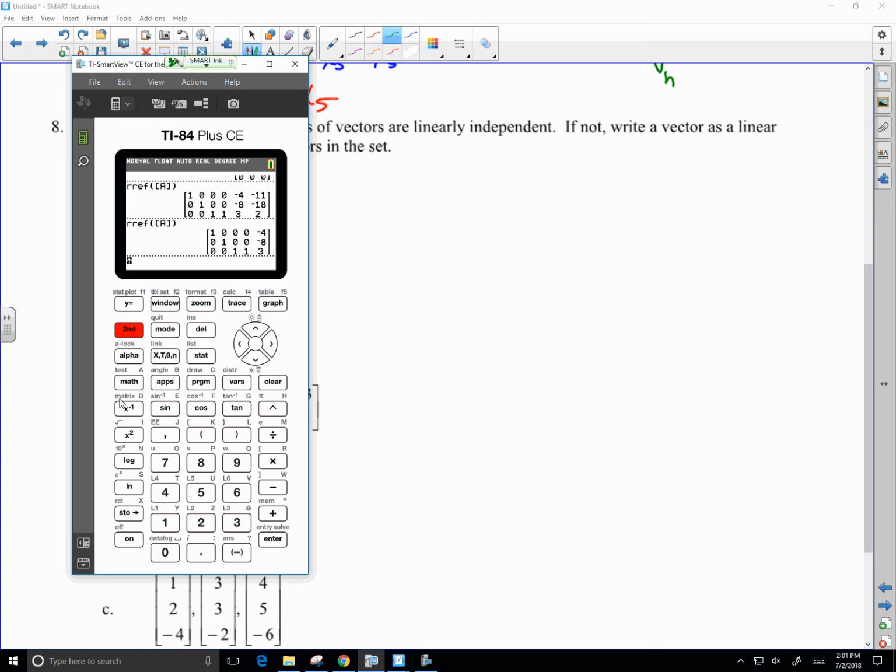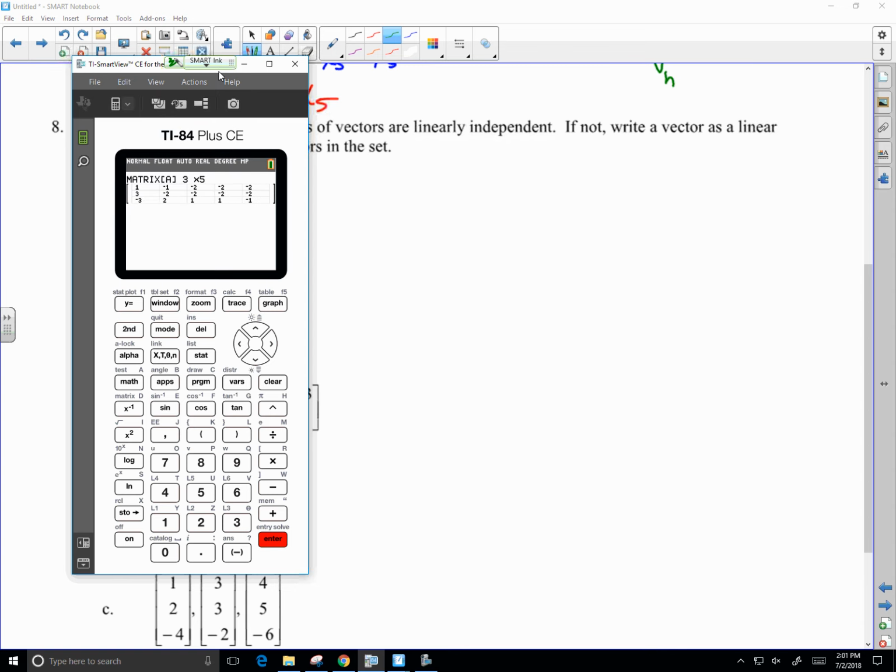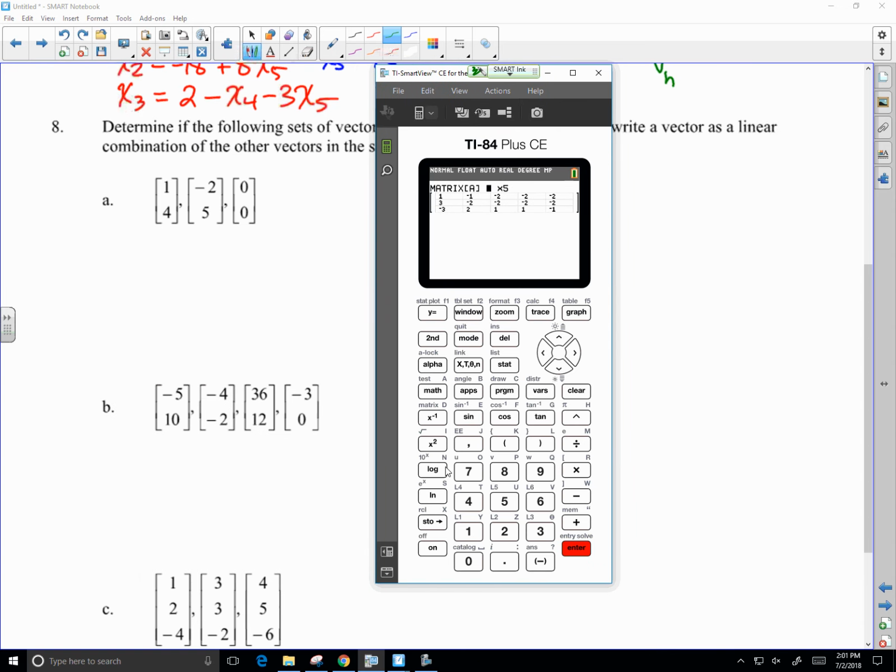Do an easy one. Oh, no. So this would be a 2 by 4. Negative 2, 0, 0, 4, 5, 0, 0.